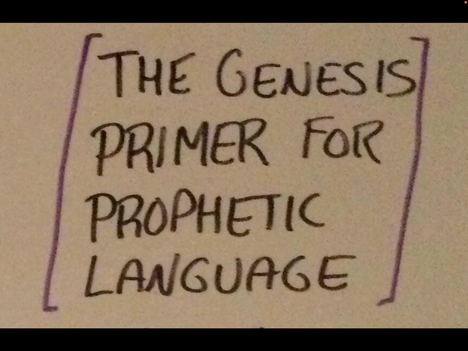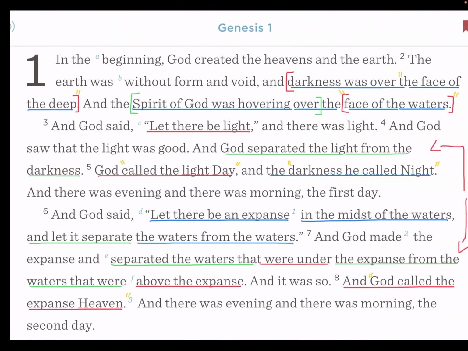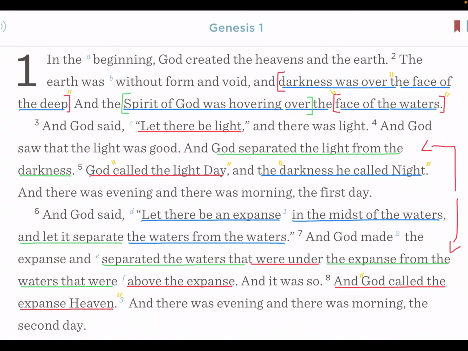Now we're going to read Genesis and appeal to the primer that is in Genesis and the basis for prophetic language. A lot takes place in Genesis 1. We see a lot of things being identified, being named, being renamed, being structured in an order, and creating some kind of images as it goes through, relating to things that we are all well aware of as natural phenomena in this world.